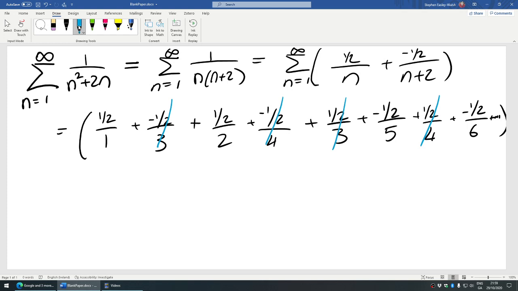So I have a half over 1, a half over 2. I'm going to go out on a limb and say that if I just go far enough, I can get this one here to cancel. Like if I go, what have I done here? 1, 2, 3, 4. If I go to the fifth one, that would be a half over 5, which will cancel that one.